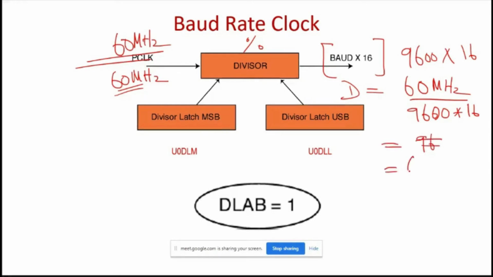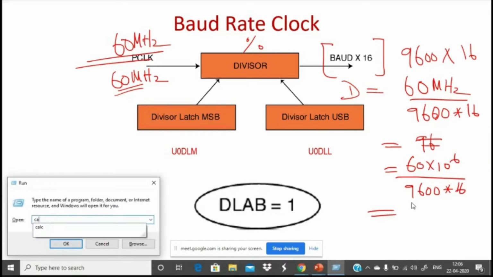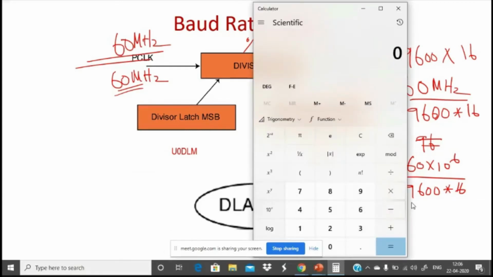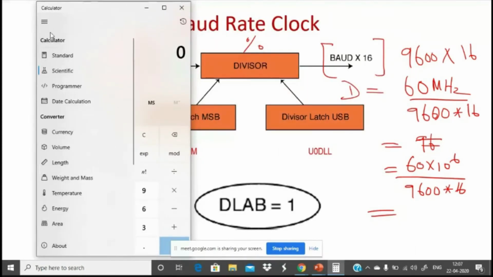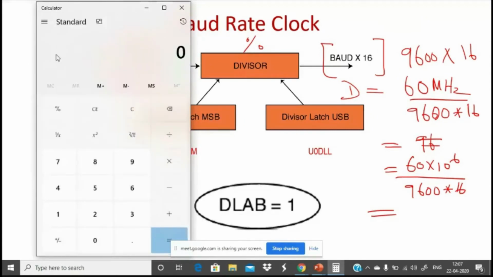60 MHz is 60 into 10 raised to 6, divided by 9600 into 16. What is the value? Take a standard calculator. 60 MHz, 60, 1, 2, 3, 4, 5, 6.